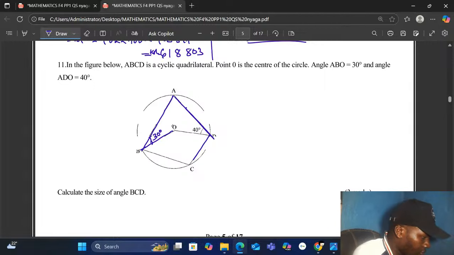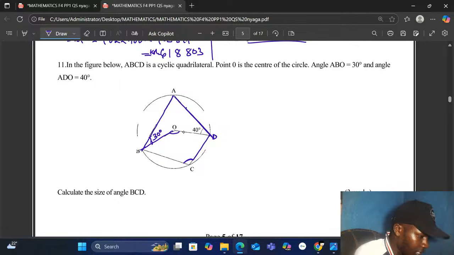This is now point O. Then this is 40 degrees. Now, they are asking us to calculate the size of angle BCD. This is B, C, this is D. So this is the angle that they want us to calculate. Now to find BCD, it will be simple. We know that here to get... how do you call it?